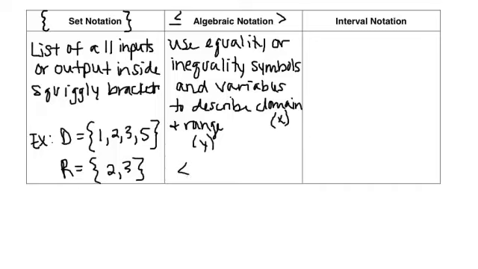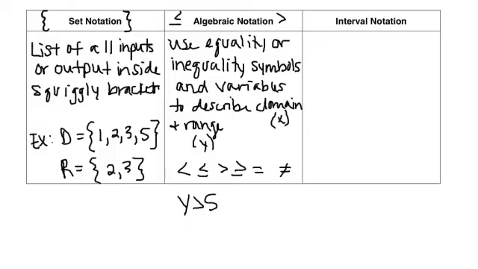So again, our inequality symbols would be less than or equal to, greater than or equal to, is equal to, or is not equal to. So some examples would be y is greater than 5. So that's talking about the range because it's y, and it's telling us that the range is greater than 5.